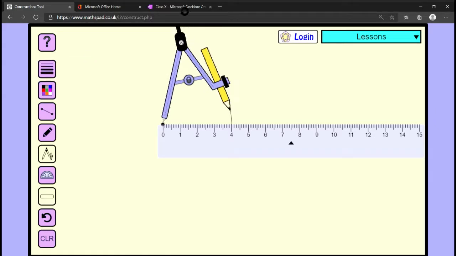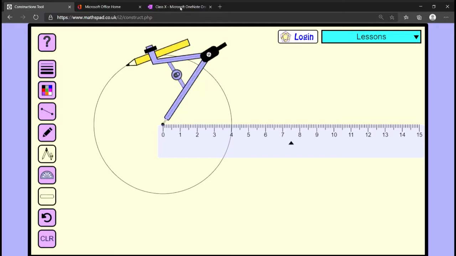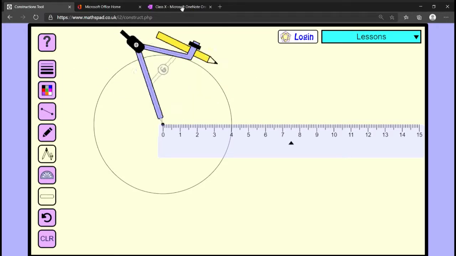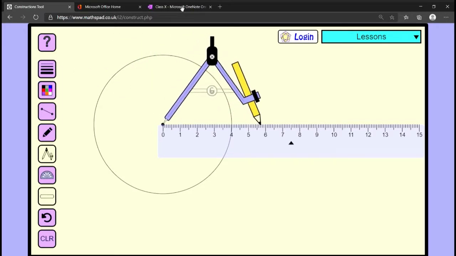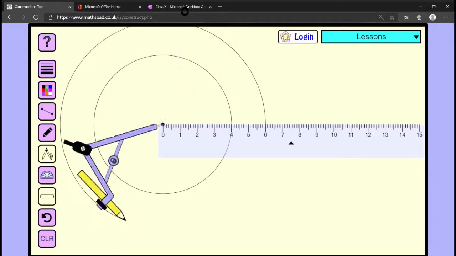All right. So this is a circle with radius 4 centimeters. I want another circle with the radius 6 centimeters, a concentric circle. So the center of the two circles will be the same, only the radius will change. Now let's fix the radius as 6 centimeters and draw another circle.